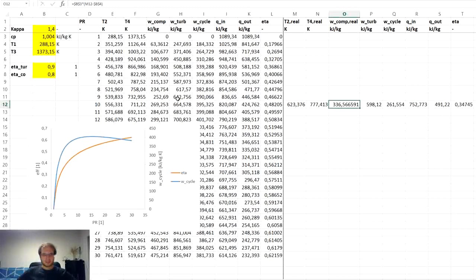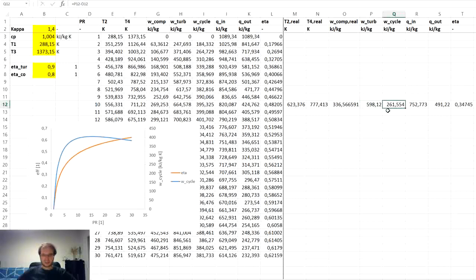Now the work of the compressor increased quite significantly from 270 to 330, while the work of the turbine decreased from 660 to 598, basically almost 600.